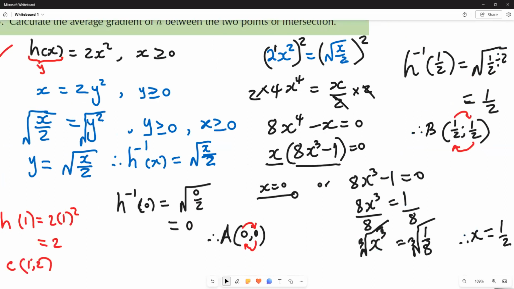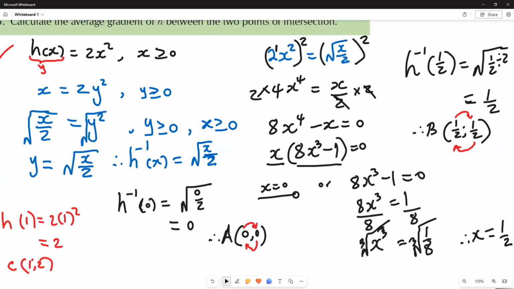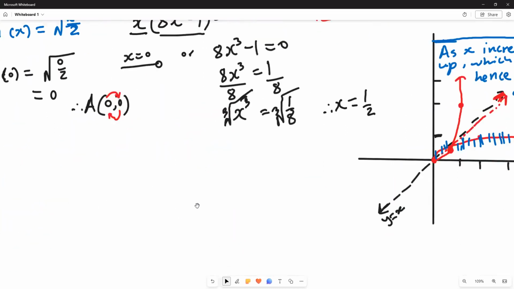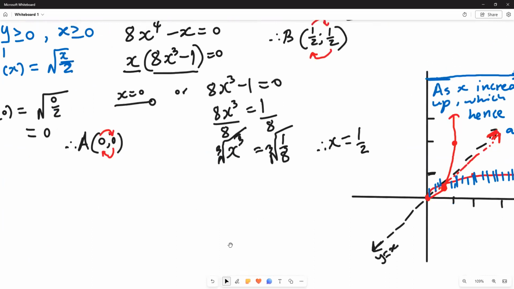Okay, and then let's check the other question. They say calculate the average gradient between the 2 points of intersection. Average gradient is basically just the normal gradient formula. They need the gradient between A and B. So m of AB is y on A minus y on B, or some people say y2 minus y1, which is the same thing.